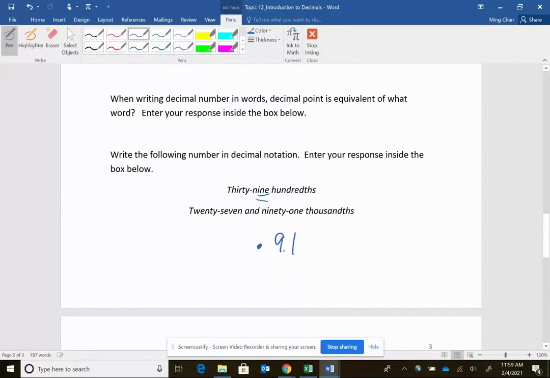The 1 right now is actually not sitting on the thousandths. So what do you do to make the 1 sit on the thousandth? You have to add a 0 between the decimal and the 9. So that will push the 1 onto the thousandth place.